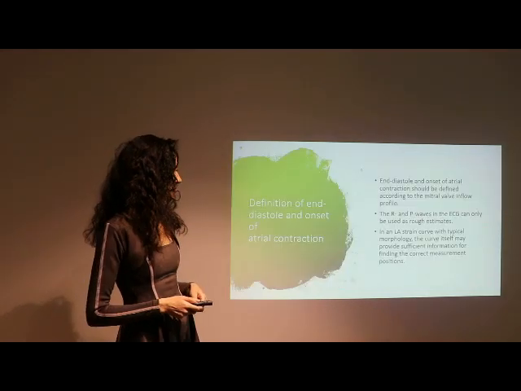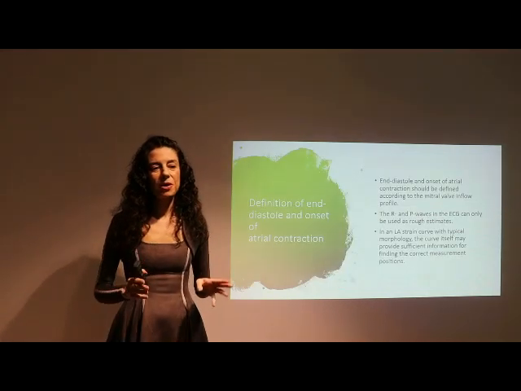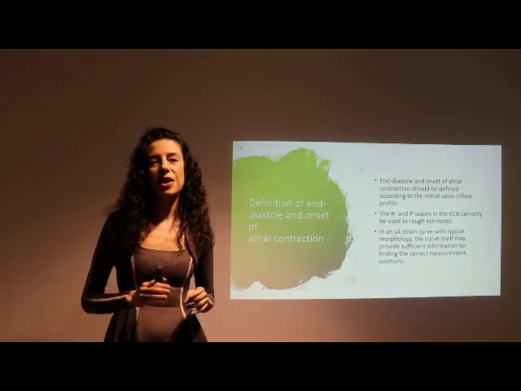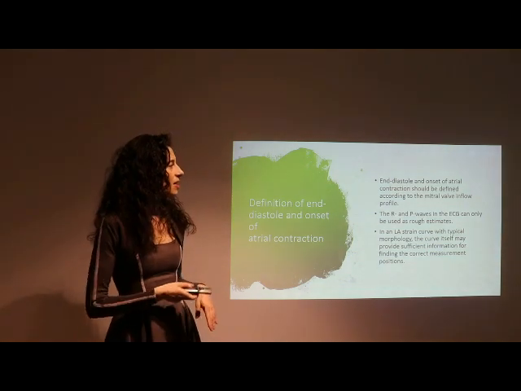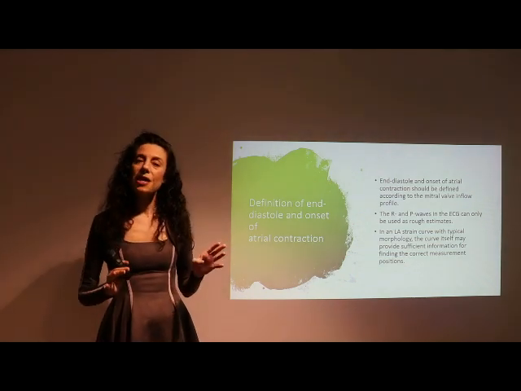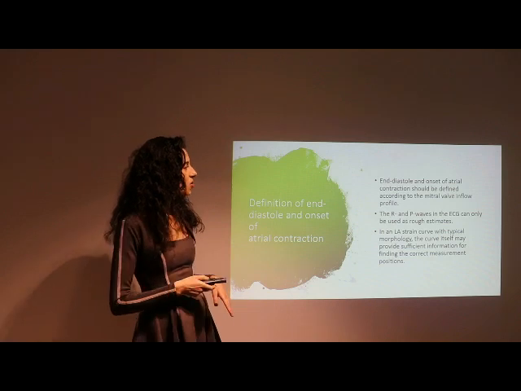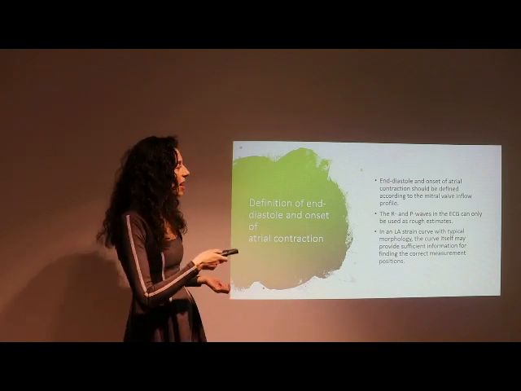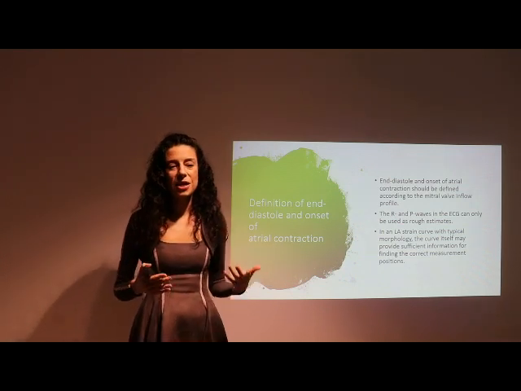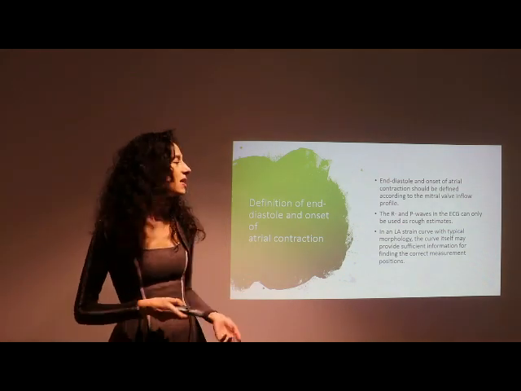Very important is the definition of end diastole and the onset of atrial contraction. These should be defined according to the mitral inflow pattern, because the R and P waves in the ECG can only be used as rough estimates.